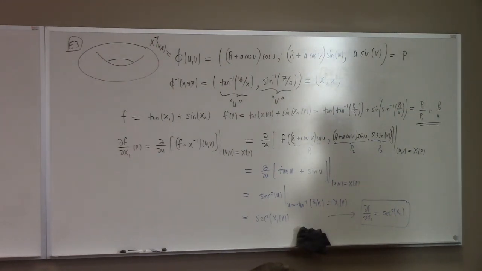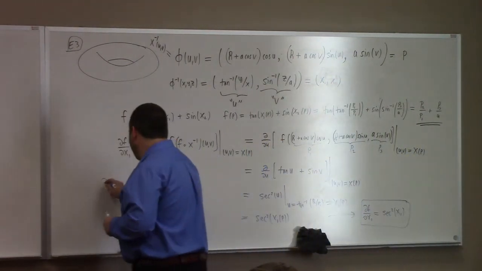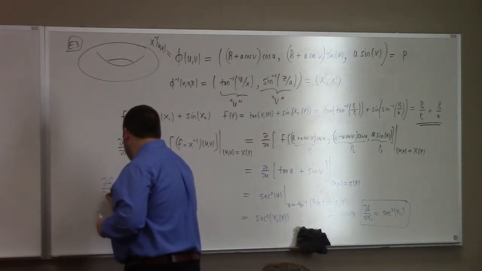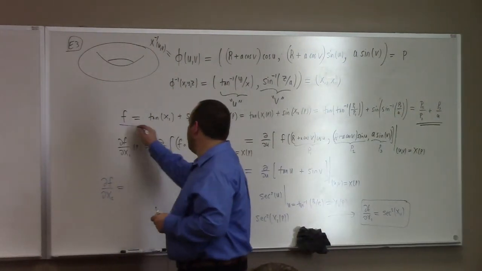So Travis, now that you understand all of these details about lifting and following map by map and so forth, what do you think the derivative of f with respect to x2 is? No, what's partial f partial x2 by the same sort of calculation? Given that f is this.